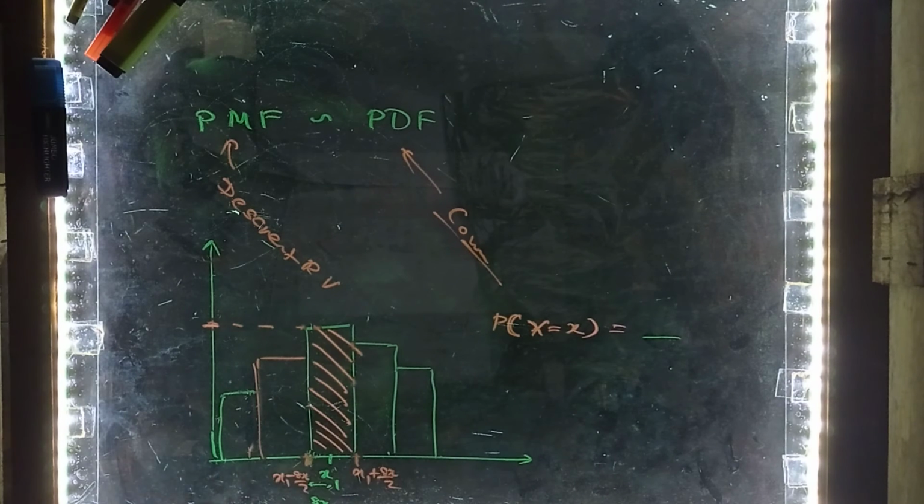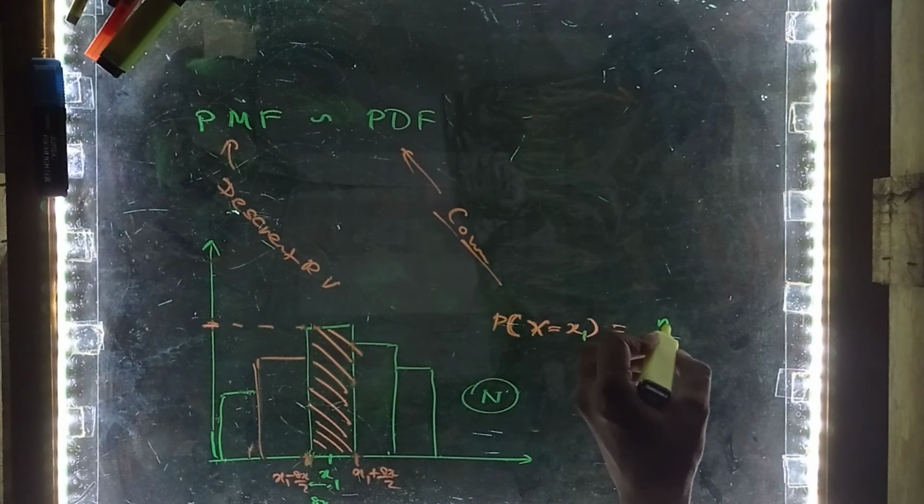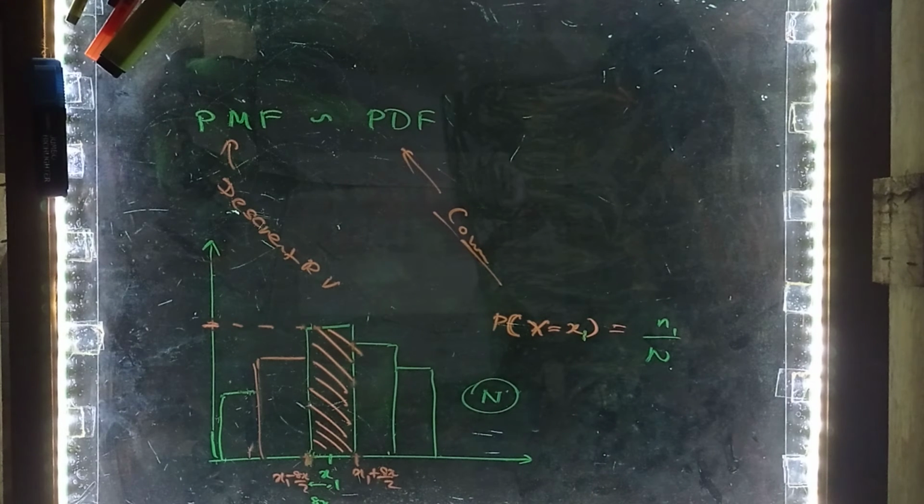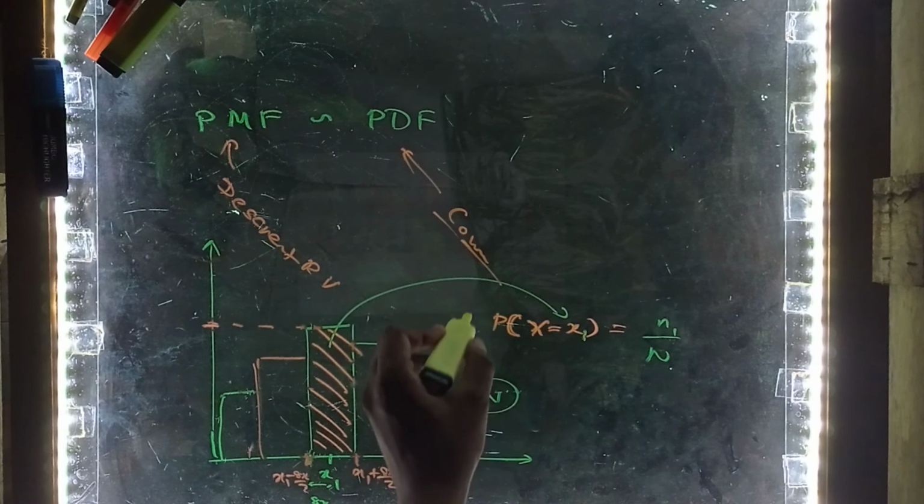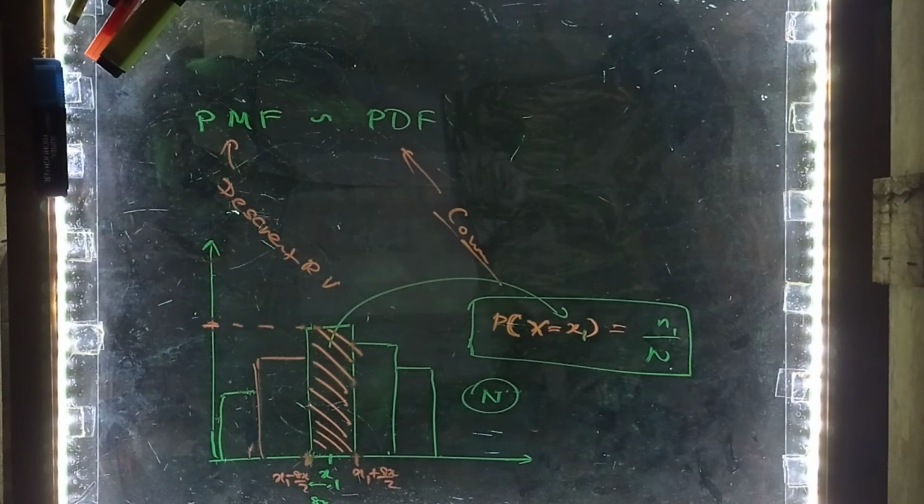All these counts, all these frequencies, the sum of these frequencies is denoted with upper N. The corresponding one related to x1 is denoted with little n1. So that can be written as n1 upon upper N. There is no argument, right? So the area of this bar can be written as little n upon upper N.